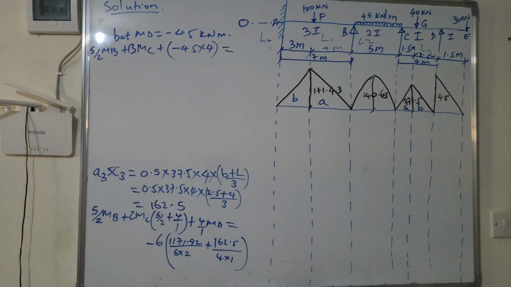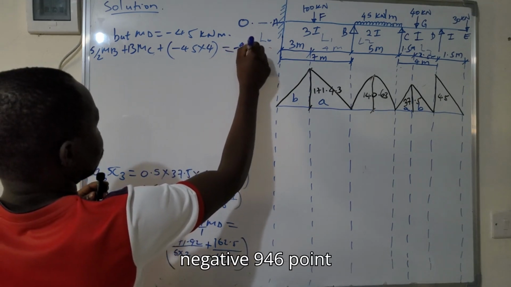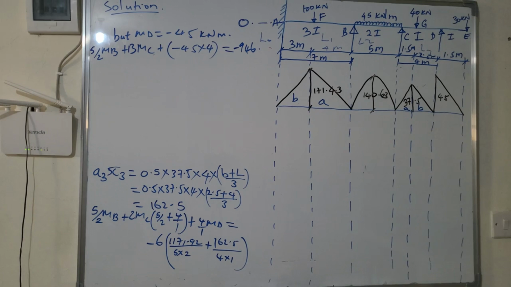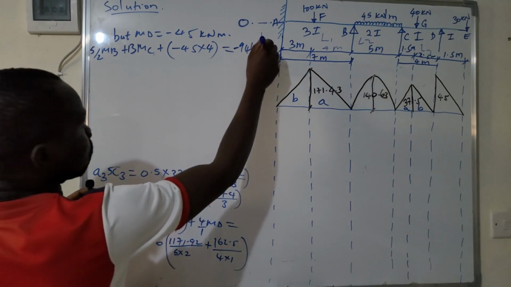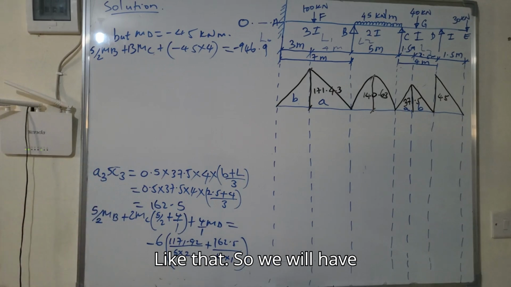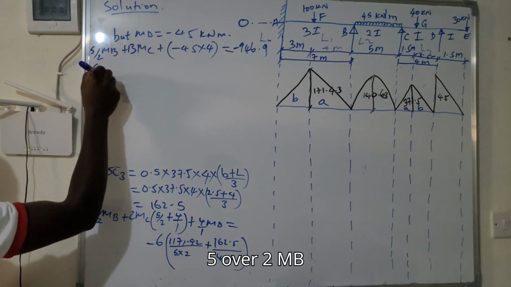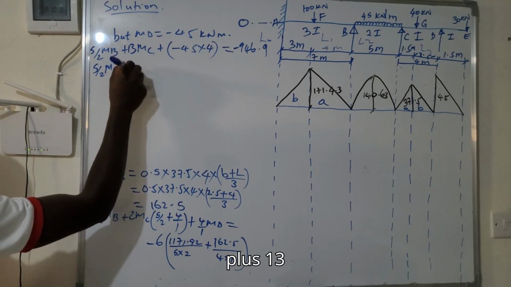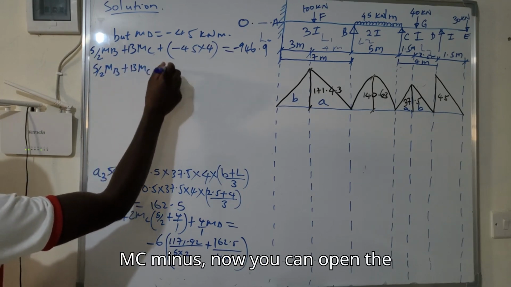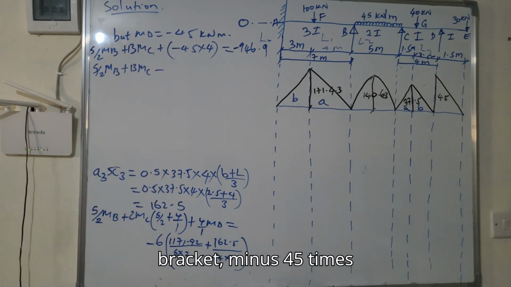So it's equal to negative 946.9, like that. So we will have 5 over 2 MB plus 13 MC minus, now you can open the bracket, minus 45 times 4, and that one is negative 180.